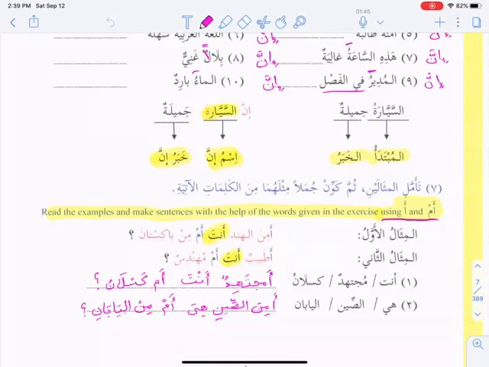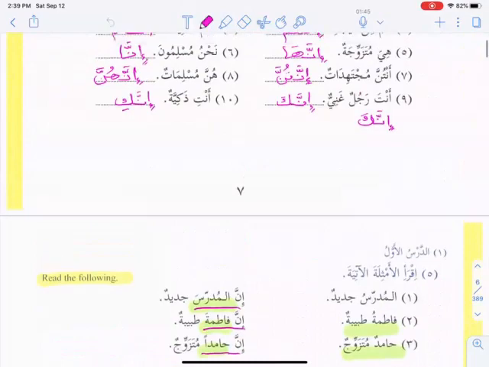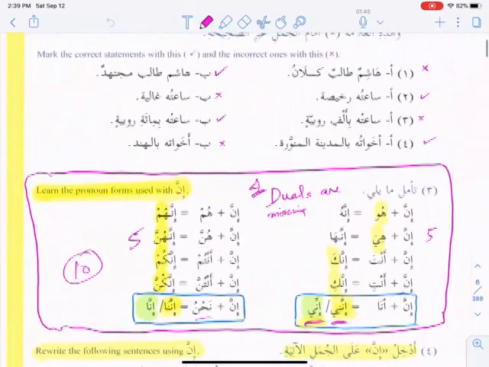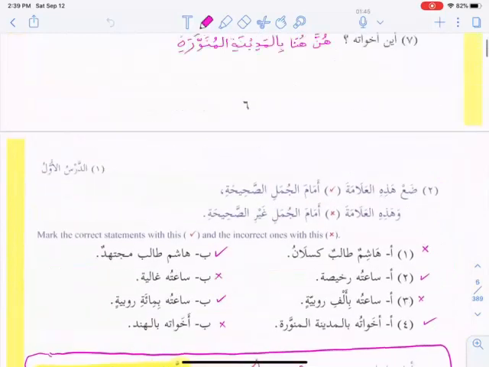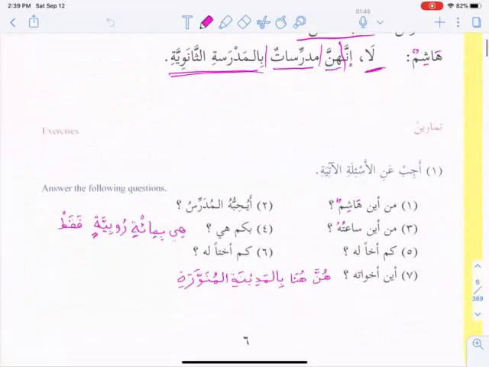So the first thing we learned in this lesson 1 is the introduction of inna. Are you with me, my brothers and sisters? I'm just going to revise just a little bit, not too much.